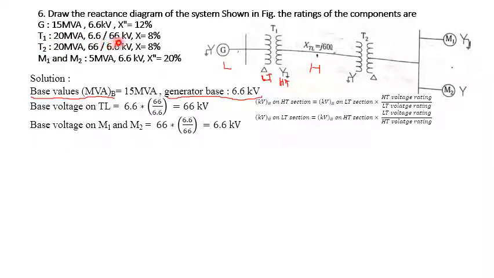The ST rating of the transformer is 66. The LT rating of the transformer is 6.6. Do not get confused between this LT and this LT; this is dealing with the rating of the transformer. So that's why it is 66 divided by 6.6.